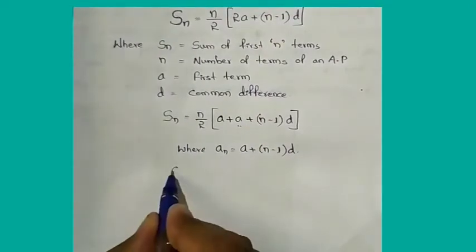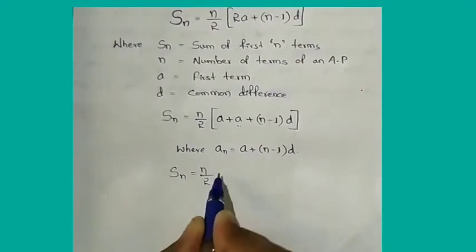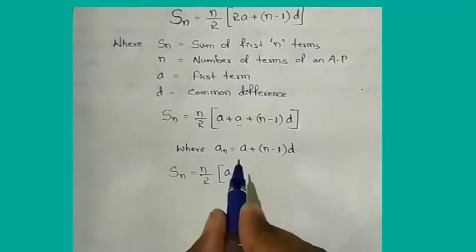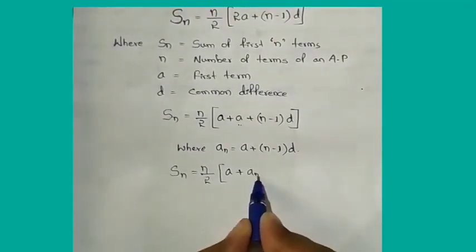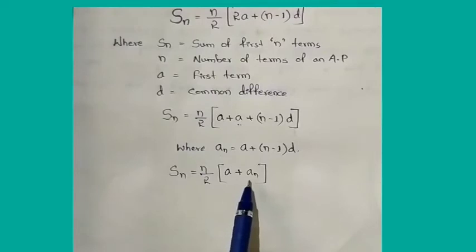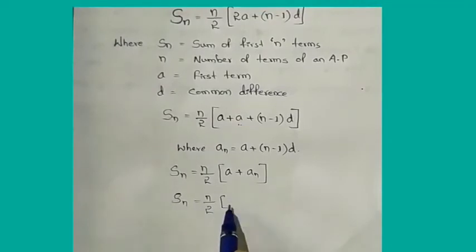So now we will get Sn equal to n by 2, first a is the same, plus, in place of a plus n minus 1 into d, I will write an. In our last video I clearly said that an is our last term also. We can indicate it as l. So instead of an, Sn equal to n by 2 into a plus l.